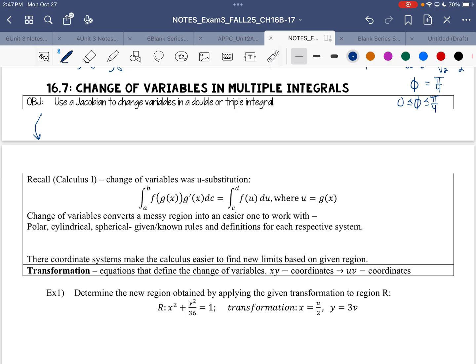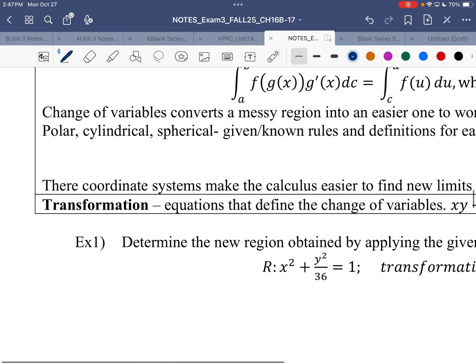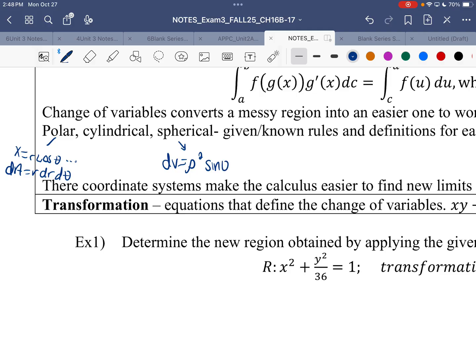We know polar, like x is r cosine theta, and dA is r dr d theta. Spherical, we just learned dV is rho squared sine phi d rho d theta d phi.